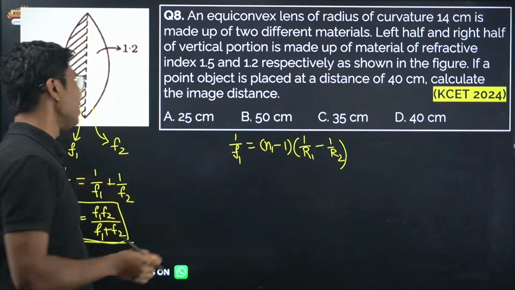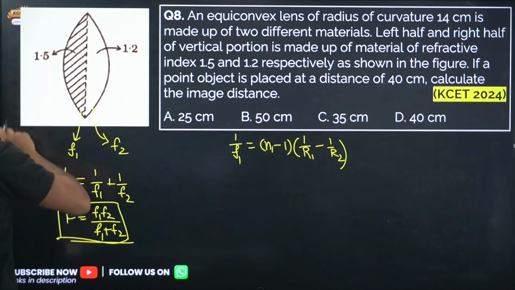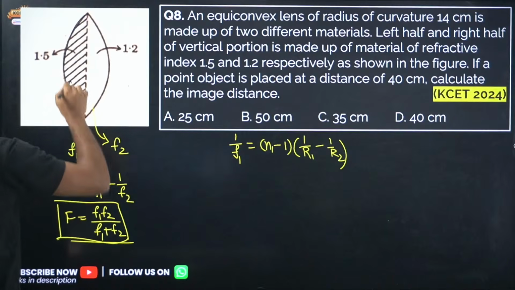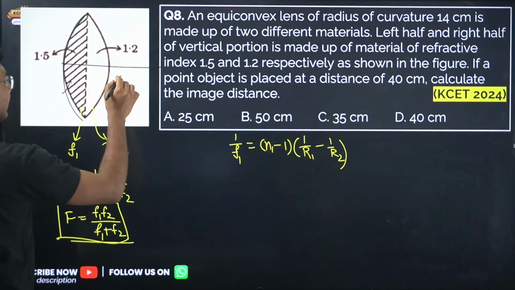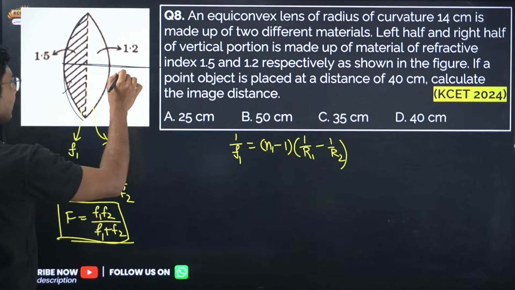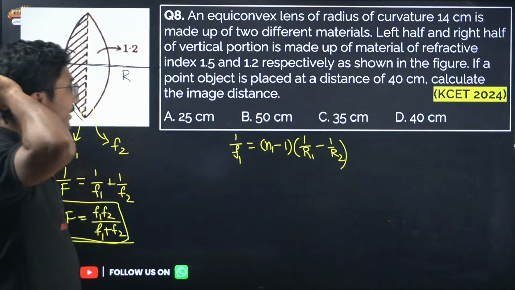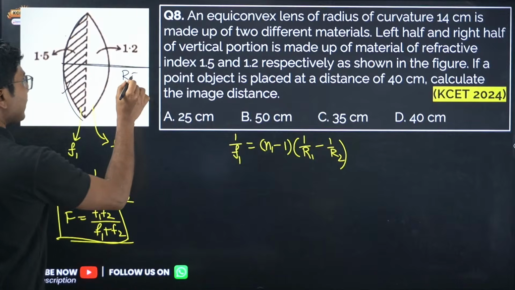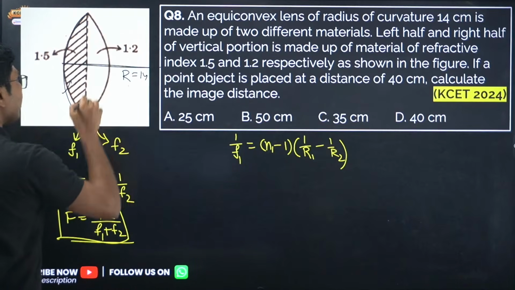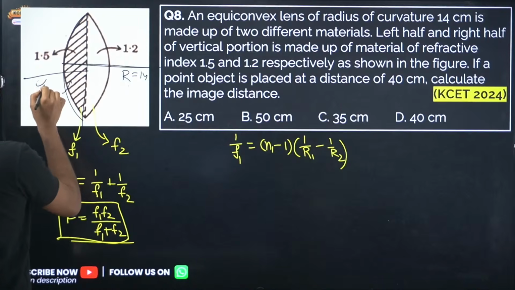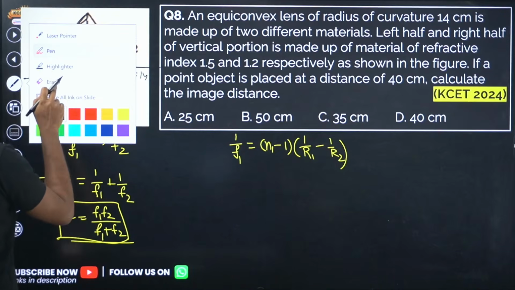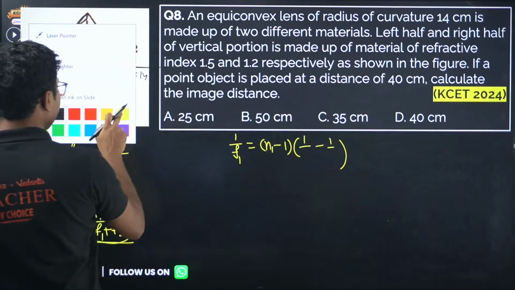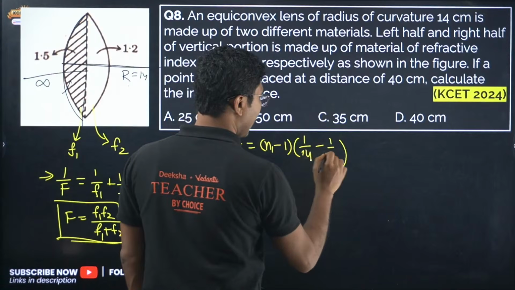When you consider the first surface, this is your first radius of curvature, which is positive, and is given as 14 centimeter. This will be your second surface, which is infinity. So you just need to put those values, 14 and infinity.